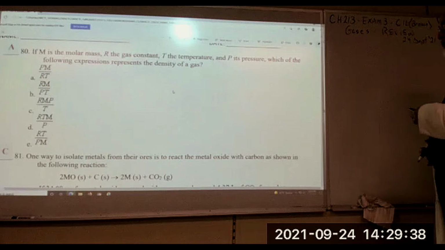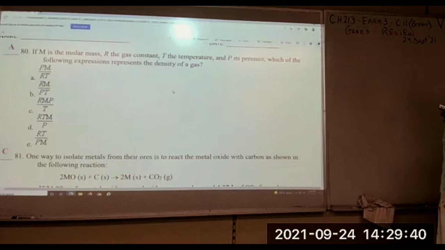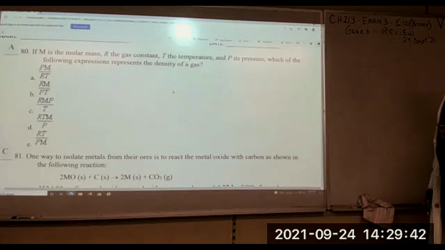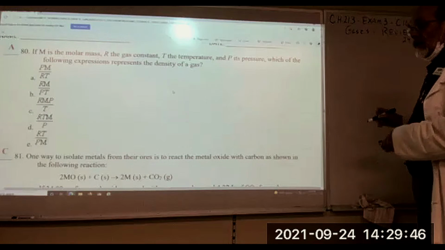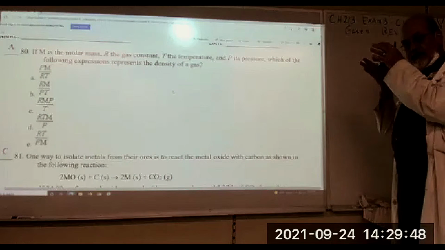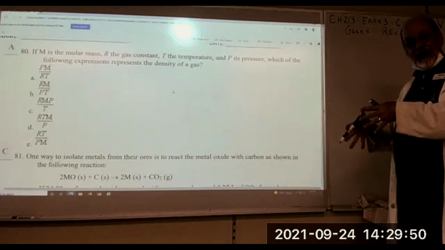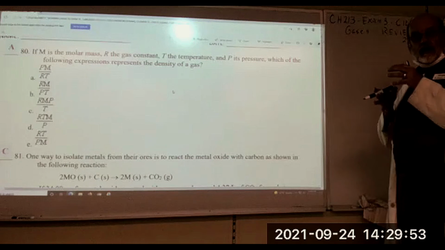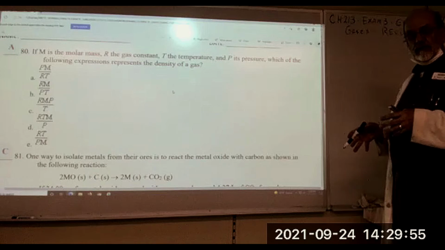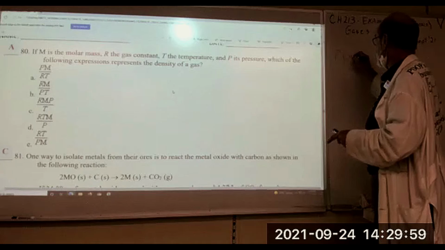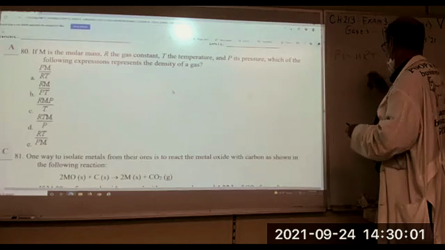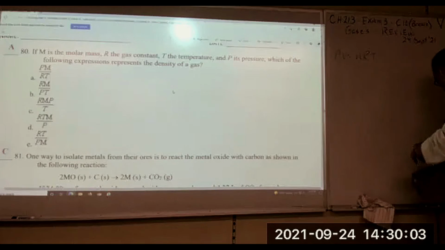So this looks like a big problem, but it's really algebra. So what do we know? Well, we know this is a state function. This is what it is right now, which means we use the ideal gas equation. That's first. So we need PV equals nRT.